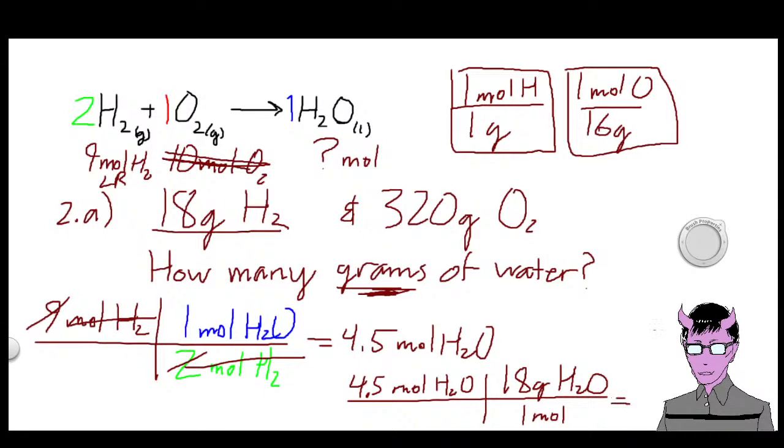So just multiply those ones, and unfortunately my math begins to fail. Well, actually, no, it's okay. So we have 4 18s, which is going to be 72, and then we have half of 18, which is 9. So that's 81 grams worth of water. And that's the final answer we will report. Grams of water. Yes. It is a done deal.